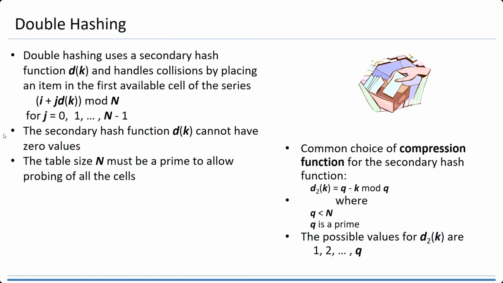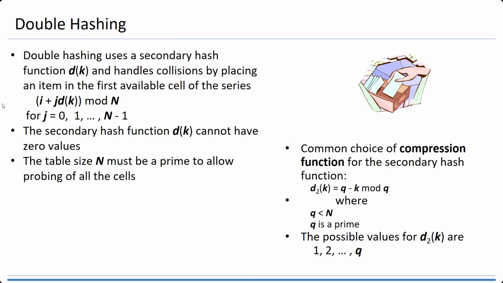We have this function. Okay. I plus j multiplied by dk mod n. So it means if the first j, if we start with 1, then we can go to the next j when j equals 2.